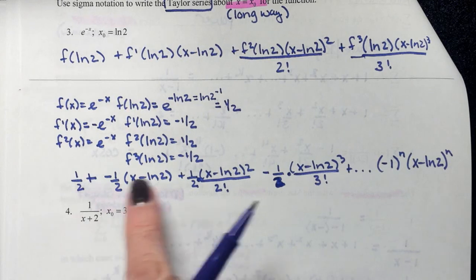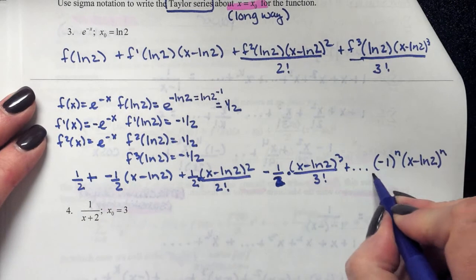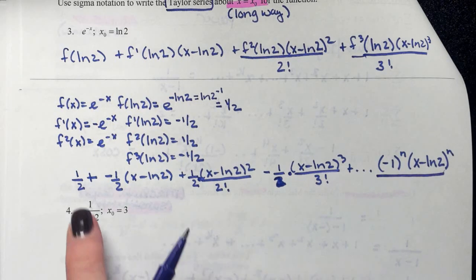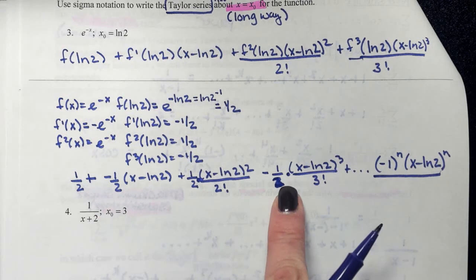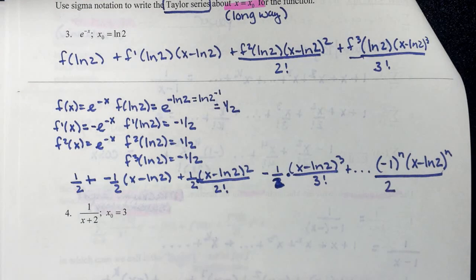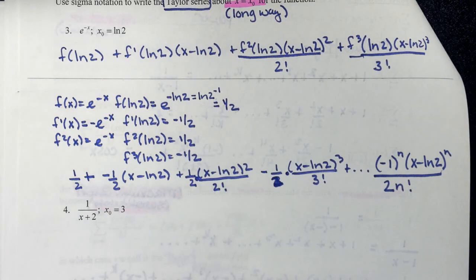Because here's your 0 term, first term, second term, third term. Over, so we have a 2, 2, 2, 2. So I'm going to also have to include a 2. What else is going to be in the denominator? 2 times what? N factorial. Do I need to have parentheses? No, you don't want to have those parentheses around the 2n factorial. Okay? So any questions on where I came up with the general form?